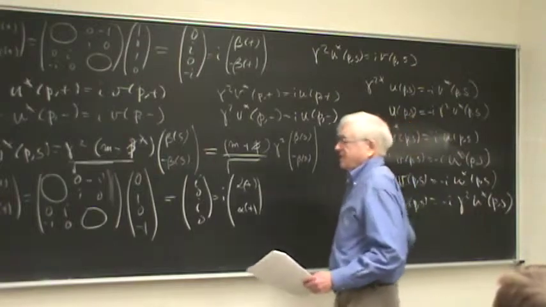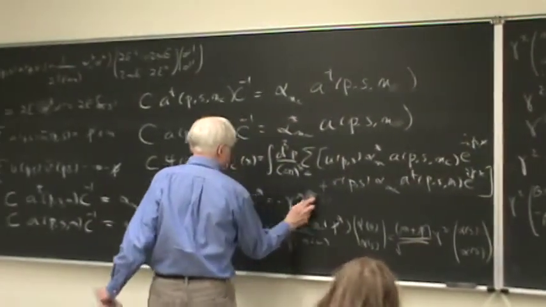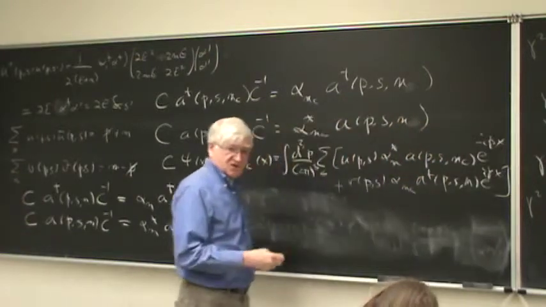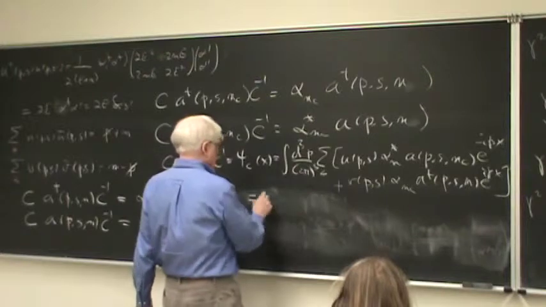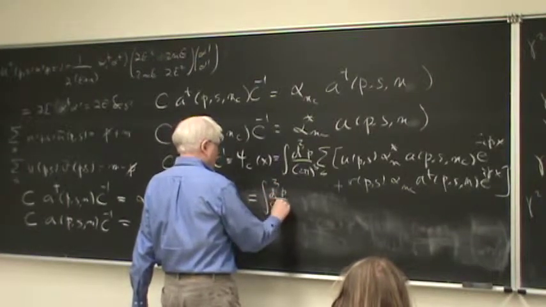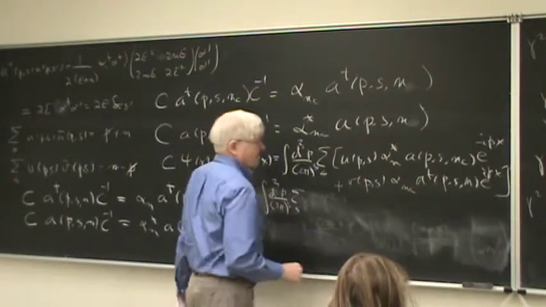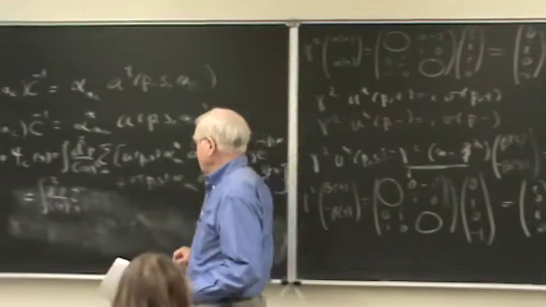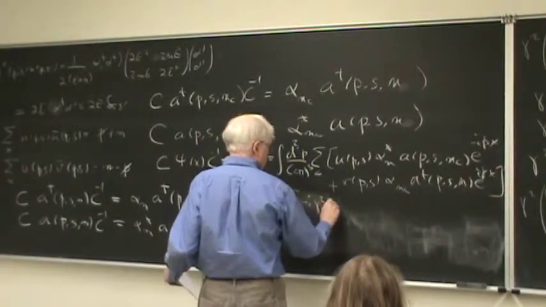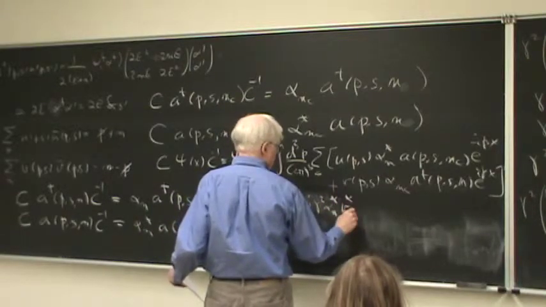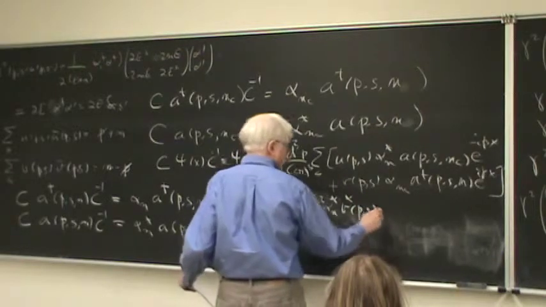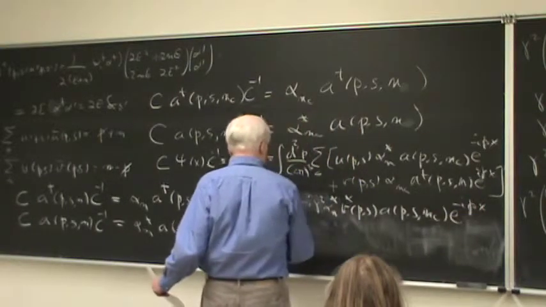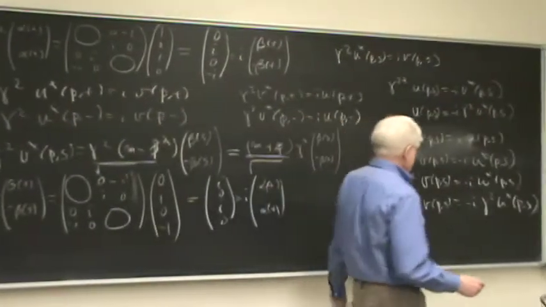Now, what we have is something nice. Because if we come back to this equation, which arises from the basic definition of what we mean by charge conjugation, then we see that psi c is the integral d^3p over 2 pi cubed, sum on s, of u of p and s, which is minus I gamma 2 v star, so this is minus I gamma 2 alpha n star v star of p and s, a of p s n c e to the minus I p dot x, and then plus v, and v is minus I gamma 2 u star.